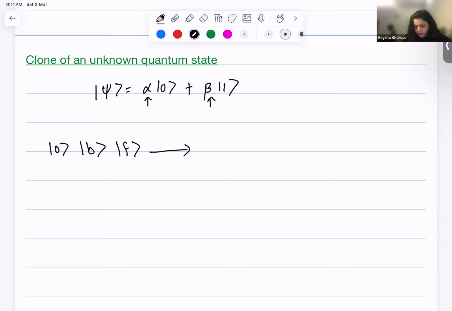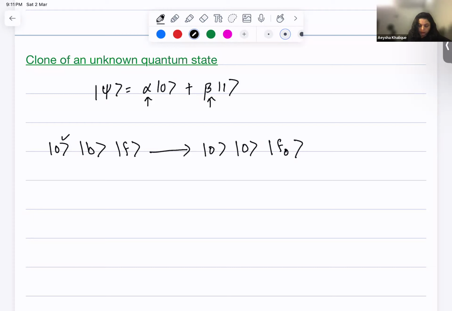I keep the original, which is this first one, 0. I make a copy of it on the blank copy, which is 0. And my cloning machine will go into some state, let's call it F0, which is different from the initial state F.